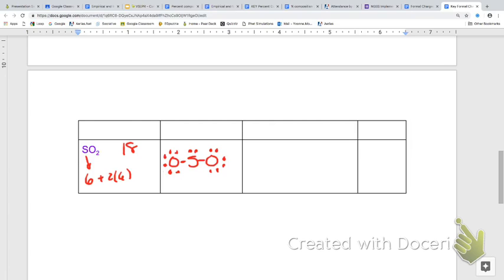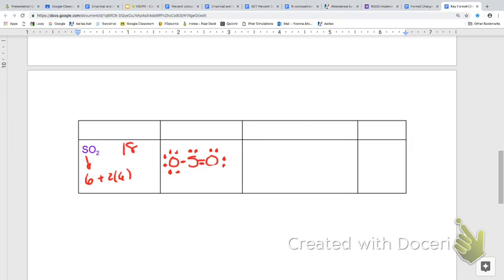Looking at that, we can see that sulfur is deficient in its electrons, so we're going to suspect a double bond. So we will move those 2 electrons into the bond. And now everybody has octets, and let's check the formal charges. We'll start with the sulfur.